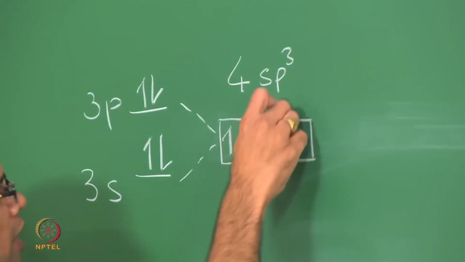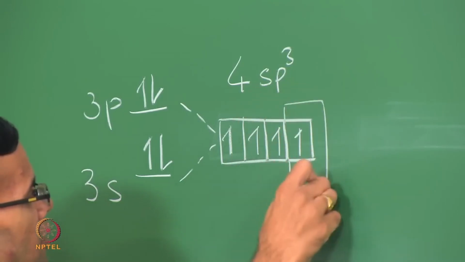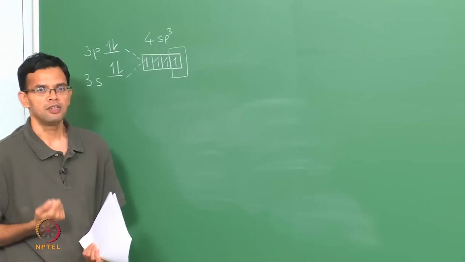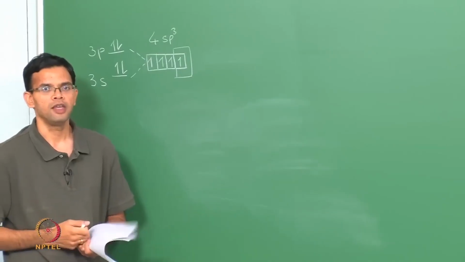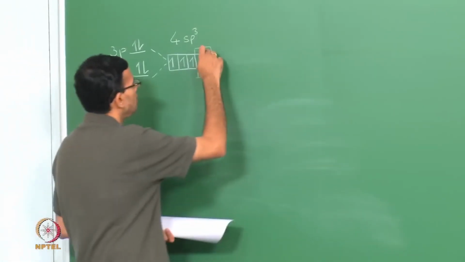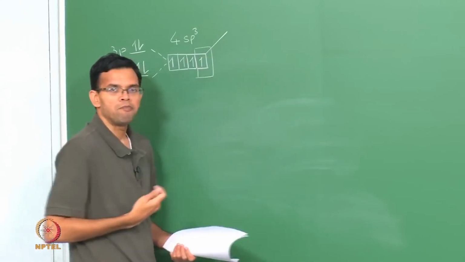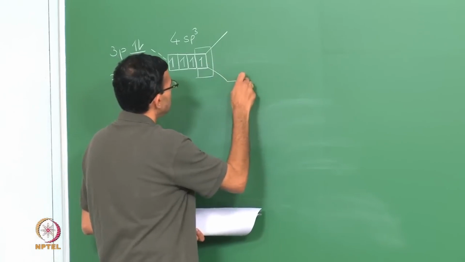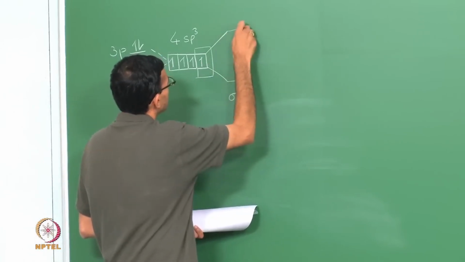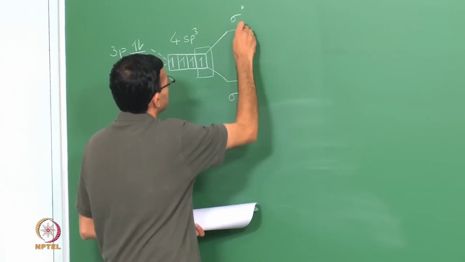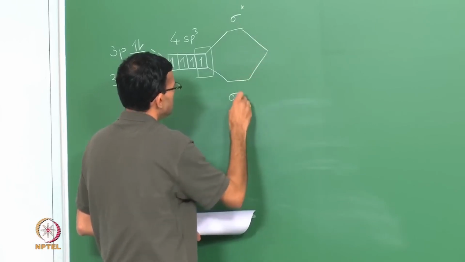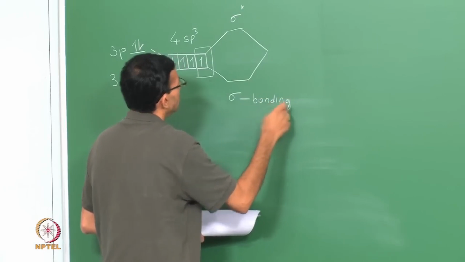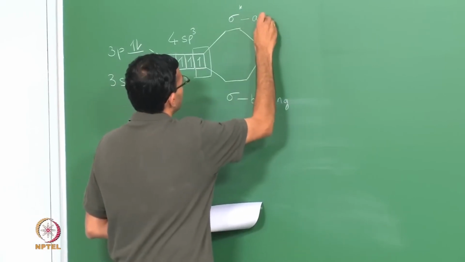We will consider one of these sp3 hybrid orbitals. This can bond with another orbital to give you a bonding and an anti-bonding orbital. This is the same picture that we had in the case of hydrogen. This forms sigma and sigma star. Sigma is your bonding orbital, sigma star is the anti-bonding.